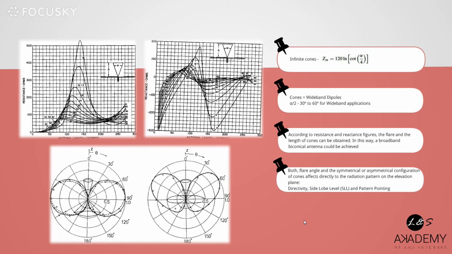Thirdly, according to the resistance and reactance figures, the flare and the length of cones can be obtained. In this way, a broadband biconical antenna could be achieved. So let's see what we have here.